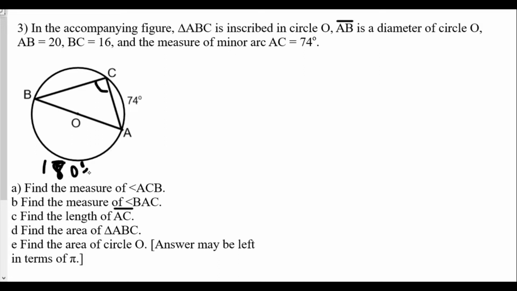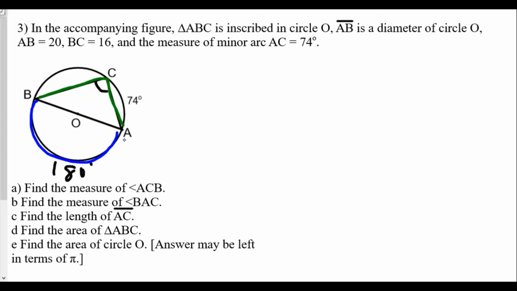Sorry, my handwriting is not so great. I'm going to erase that and make it a little more clear. So here we go, 180 degrees. That arc is 180 degrees, and angle ACB intercepts arc AB. It's neither minor nor major because it's a semicircle.